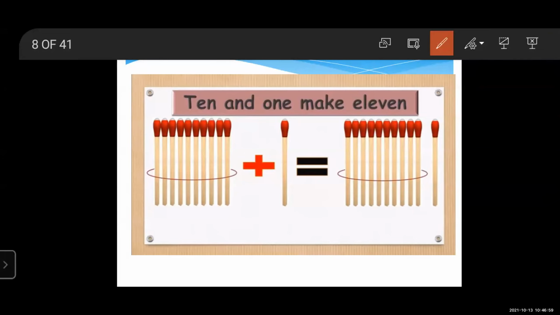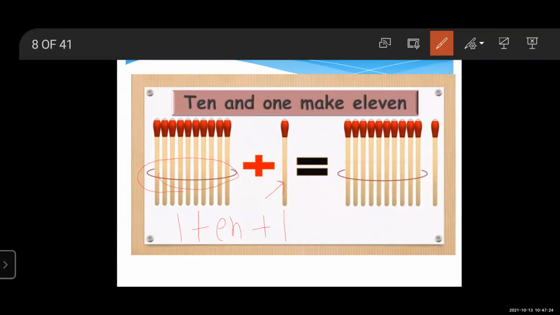There are 10 matchsticks, and all the matchsticks in a bundle are called 10. Plus, you know the addition sign, this is a plus sign, and this is a single matchstick, so write down here only 1.